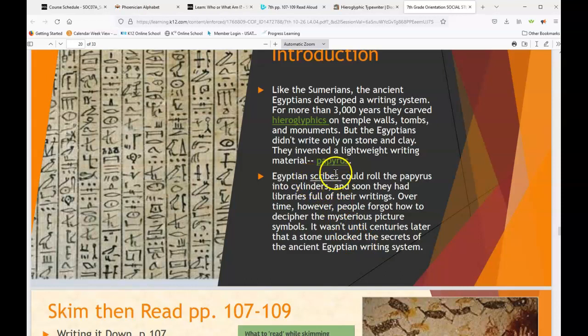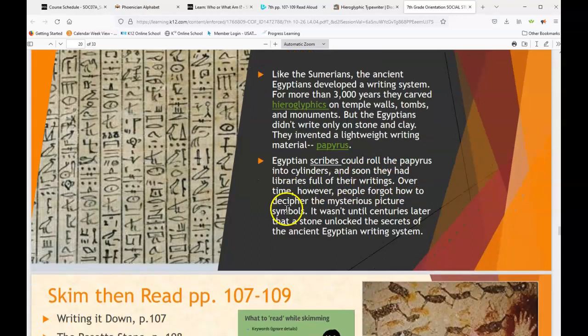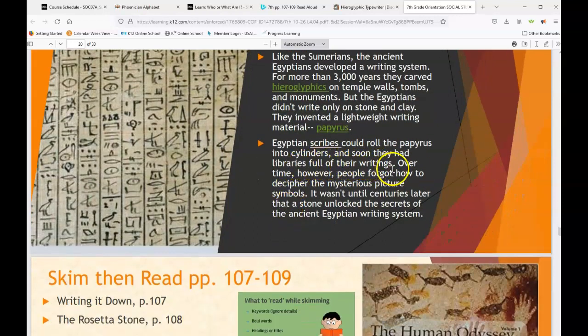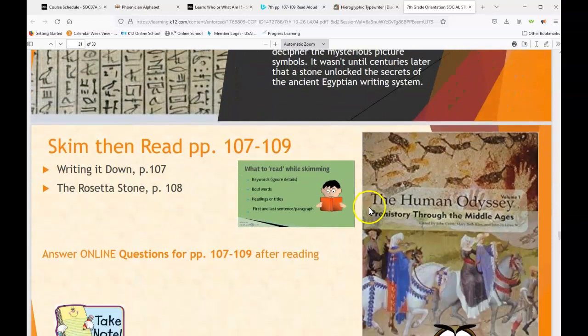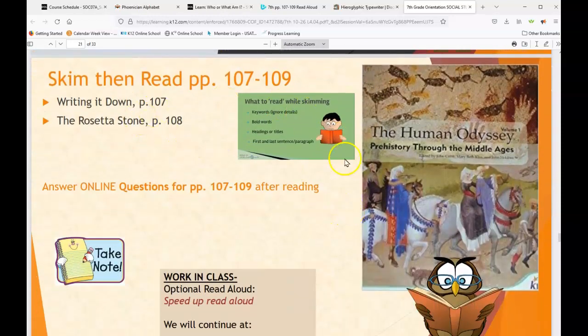Egyptian scribes, we've heard that name before, could roll the papyrus into cylinders, and soon they had libraries full of their writings. Over time, however, people forgot how to decipher the mysterious picture symbols. It wasn't until centuries later that a stone unlocked the secrets of the ancient Egyptian writing system. So go through the reading.